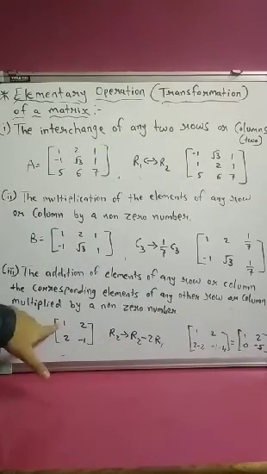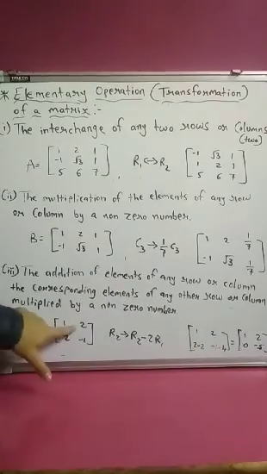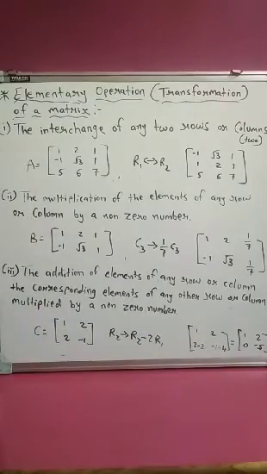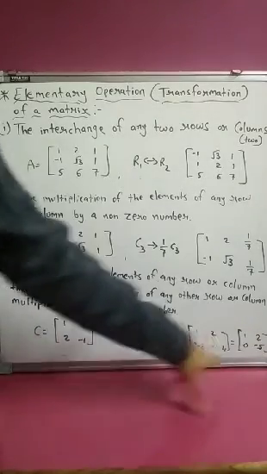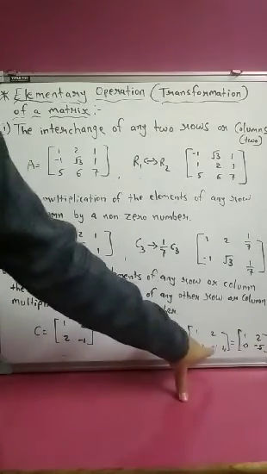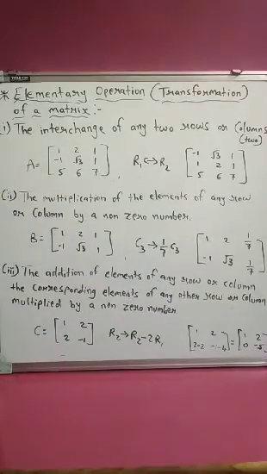But the first row will be multiplied by 2. So 1 into 2 is 2, 2 into 2 is 4. So here you will be getting r2 minus 2 times r1. So 1 and 2 will be over here. 2 minus 2 is 0, minus 1 minus 4 is minus 5.